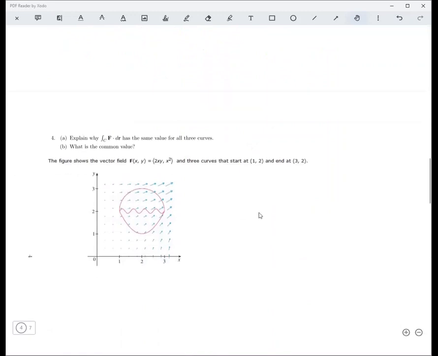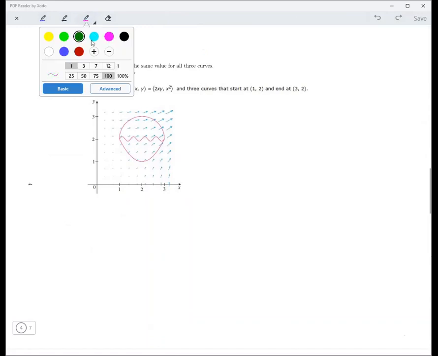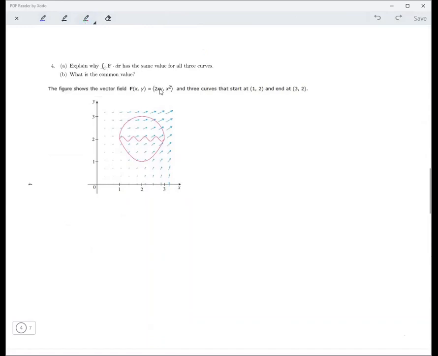Okay. So number 4. Part A, explain. Okay, so the figure shows the vector field F of x, y equals 2xy, x squared, and 3 curves that start at 1, 2.